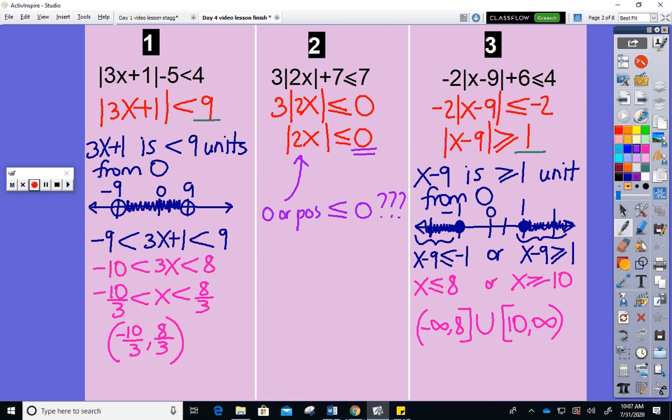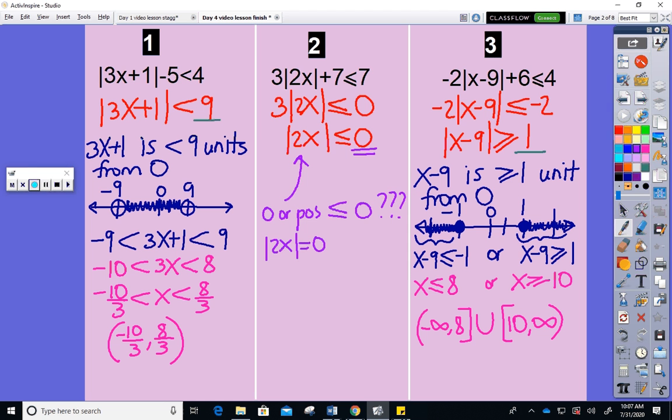A 0 would not be less than 0. So you could have the absolute value of 2x be exactly equal to 0. But if the absolute value of 2x is positive, that positive value wouldn't be less than 0. It also wouldn't be equal to 0. So my only option is if the left side actually equals 0.